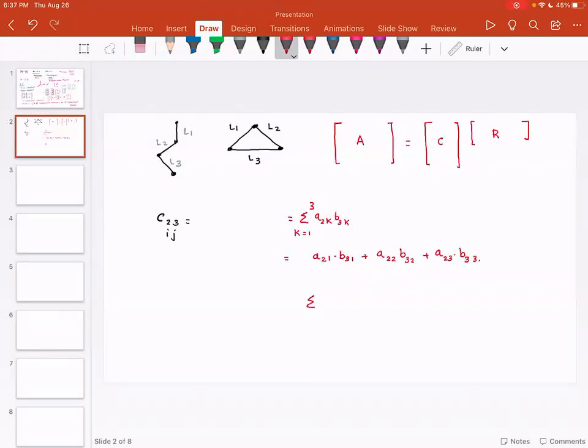So you have sigma, and you have outer sigma, and you have A I K, B K J. You have K running from 1 to 3. Then you can have J running from 1 to 3, and I running from 1 to 3. And you can make this super complex.